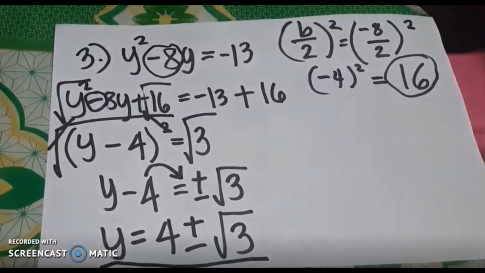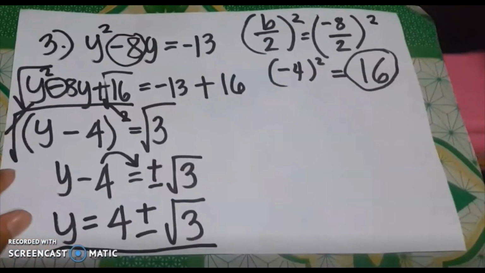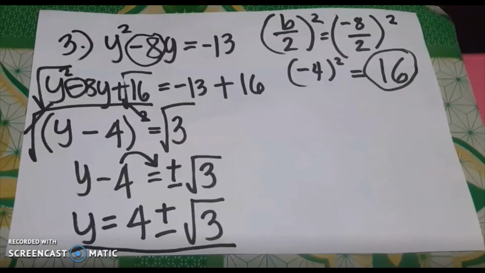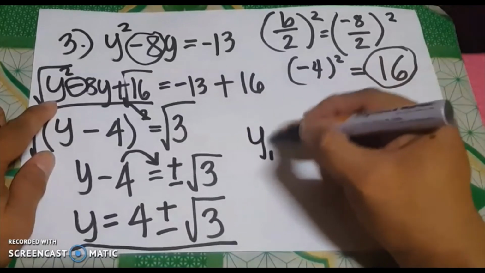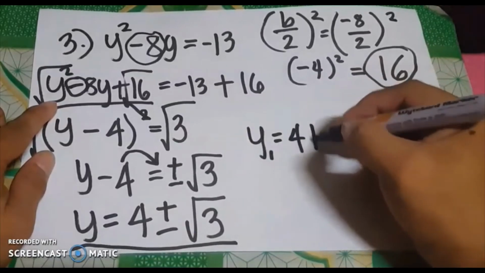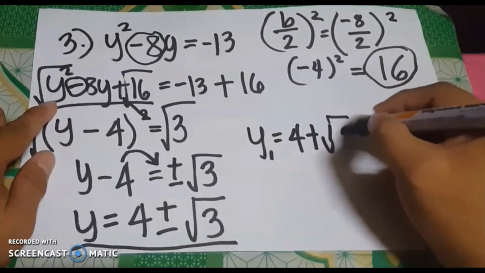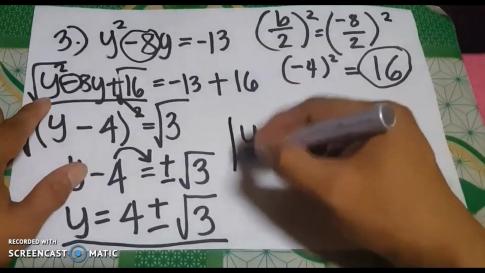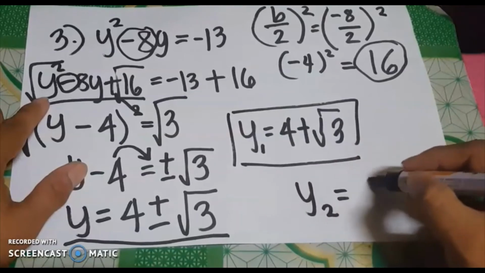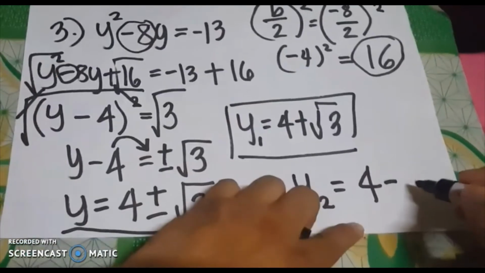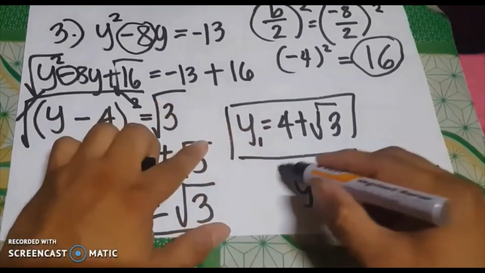So if you want to, since we say there are two solutions for a given quadratic equation, let us separate the two. So, first solution, or y sub 1 is equal to 4 plus square root of 3. Then, the other one is y sub 2, which is equal to 4 minus square root of 3.